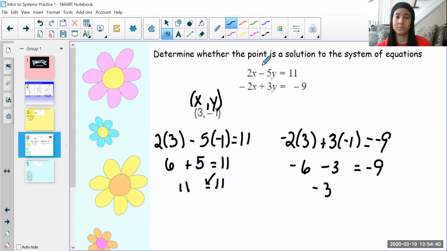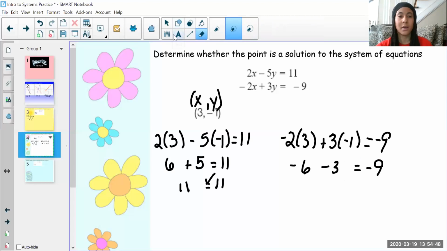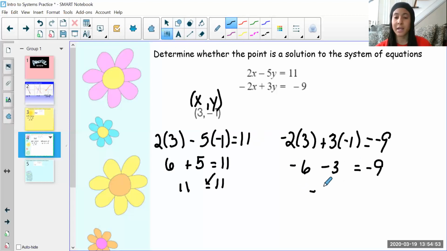Sorry. Miss Fu don't know math right now. Let's erase that. That's why calculators come in handy, ladies and gents. -6 minus 3 is -9. And -9 is equal to -9. So that checks out as well. So this coordinate, (3, -1), is a point that is a solution to the system of equations.